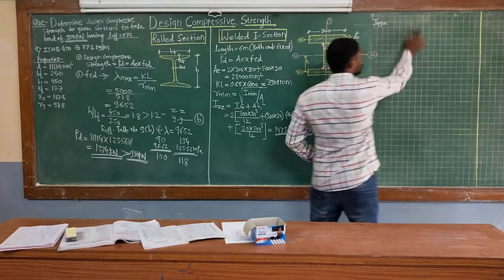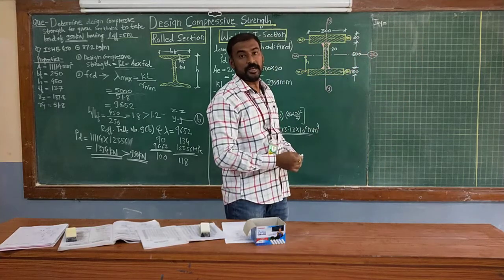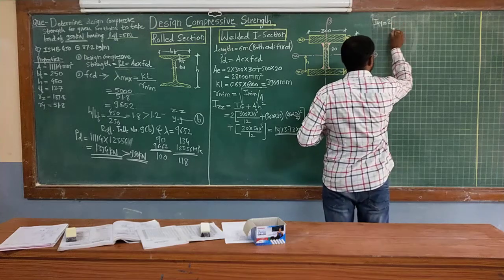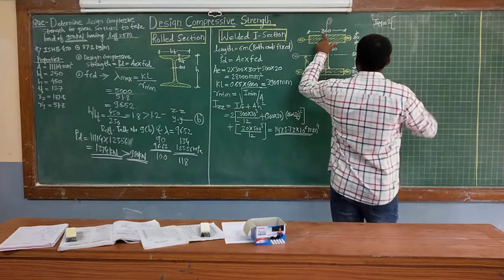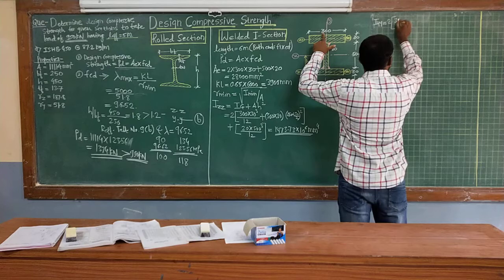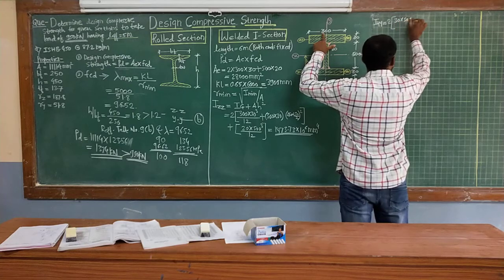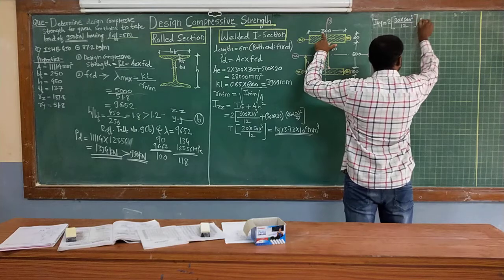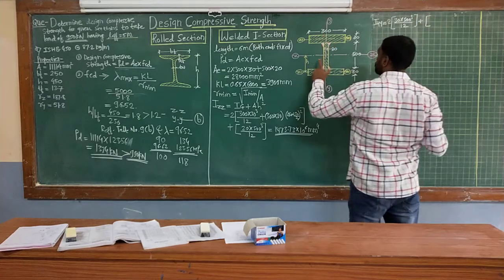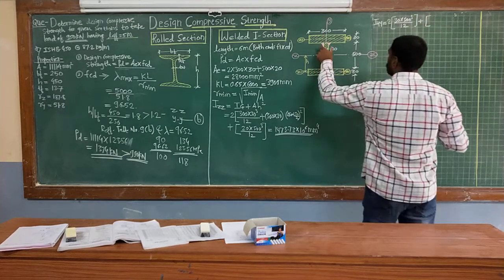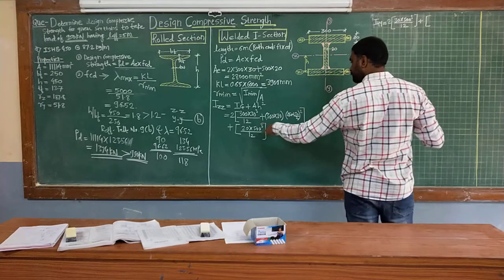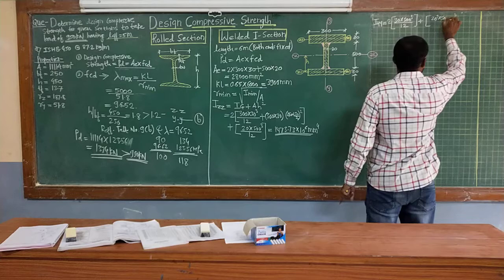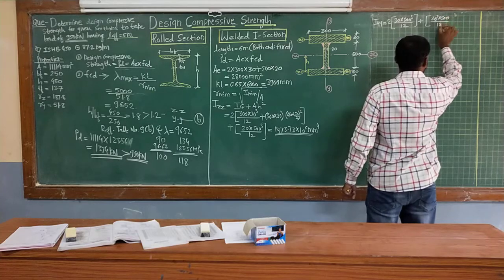So IYY equals to, now here it is dB cube by 12, so 2 times into bracket, so B is 300, means it will be 30 into 300 cube divided by 12 plus for this particular web portion, so B into D cube, so that will be equal to 20 cube into 500 divided by 12.